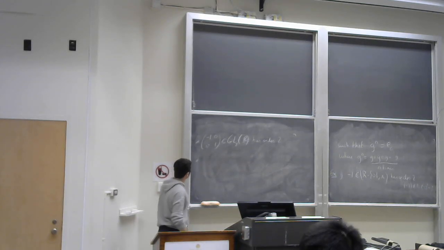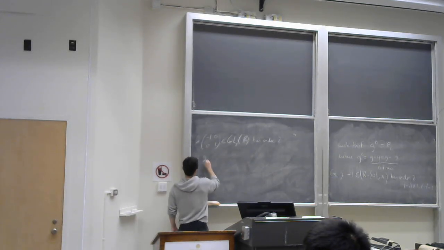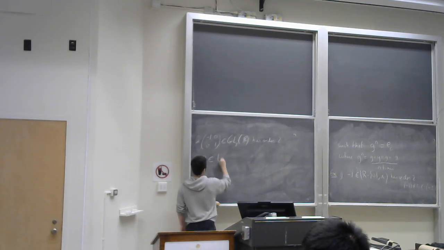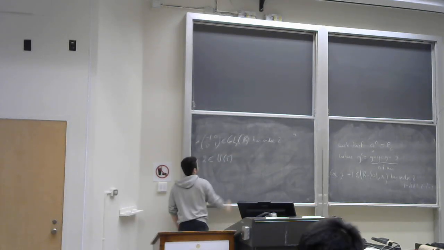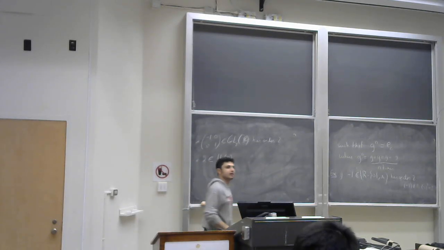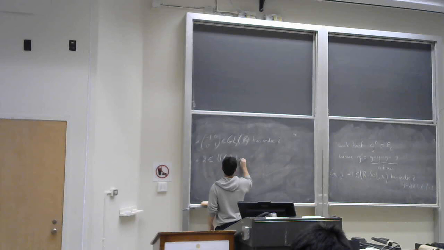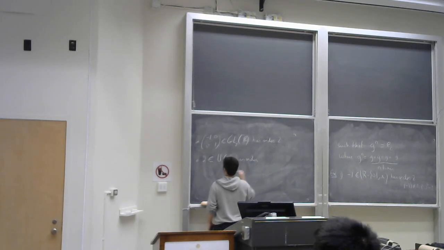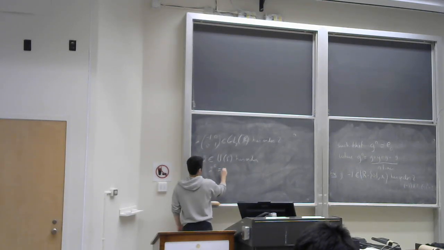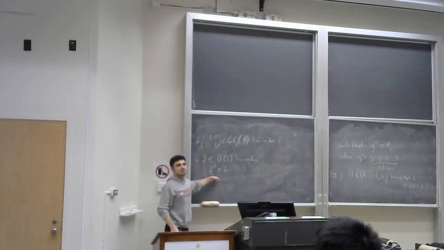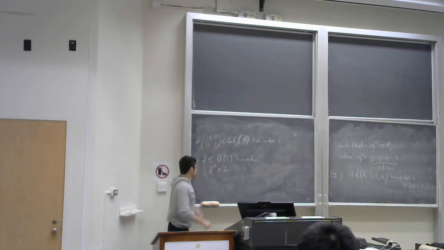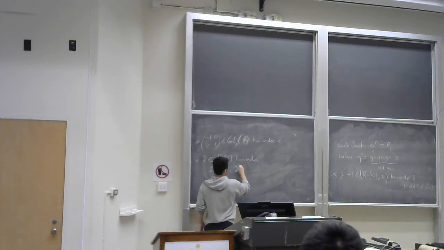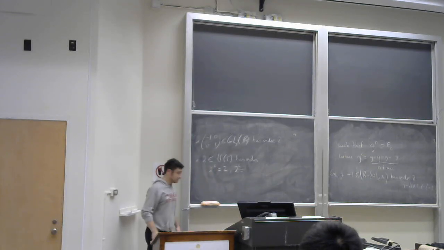Now let's pick another interesting example. 2 in U5. What is the order of 2 in U5? 2 to the 1 is equal to 2. Is it equal to the identity? No. 2 squared, what is it equal to? 4, which is -1.